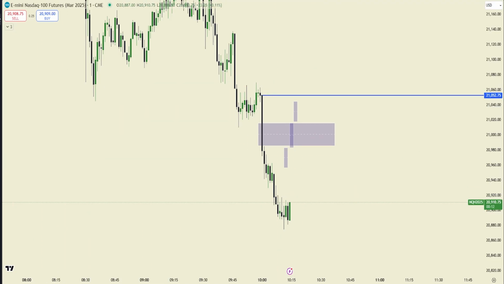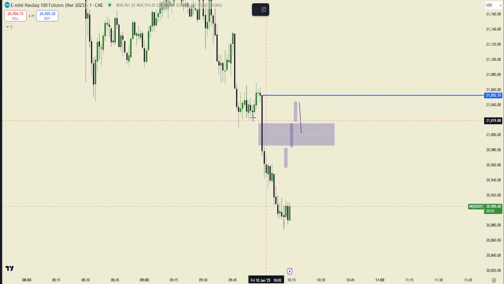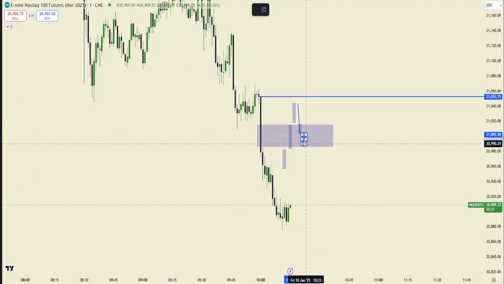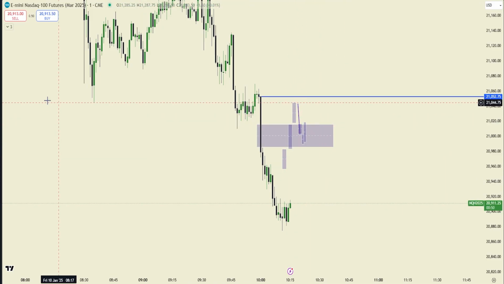And then I'd want to see price trade back down into this created BPR, and in the process of that, put in another 30-second SIBI, right? And then after we put in that 30-second SIBI, I want to see price come back up and trade higher and inverse that 30-second SIBI.